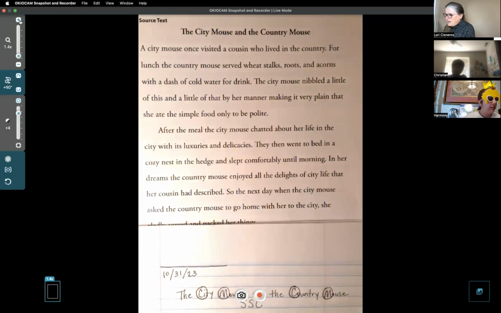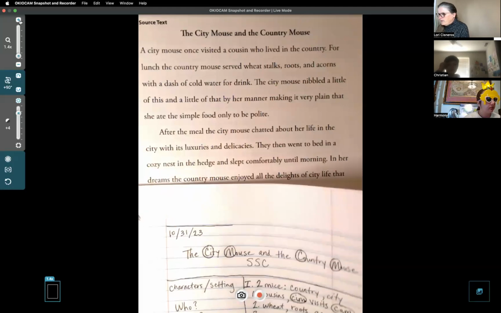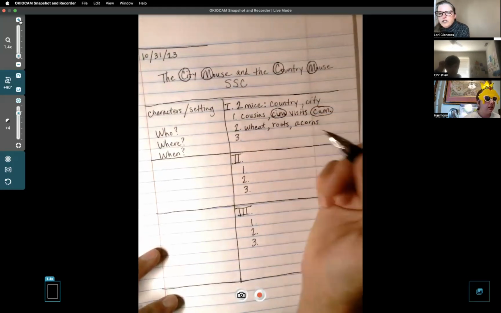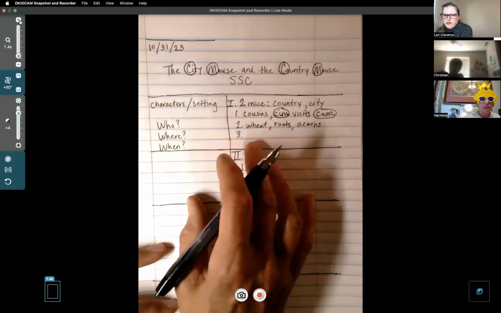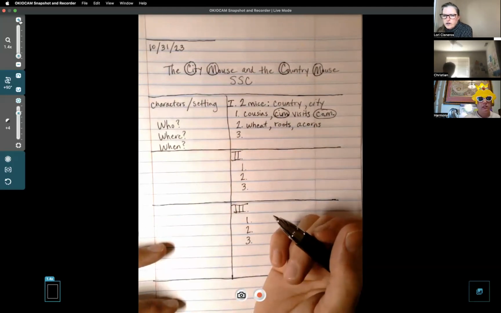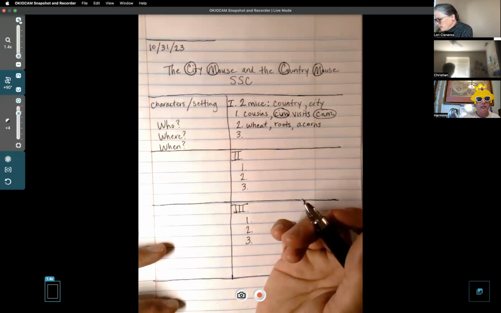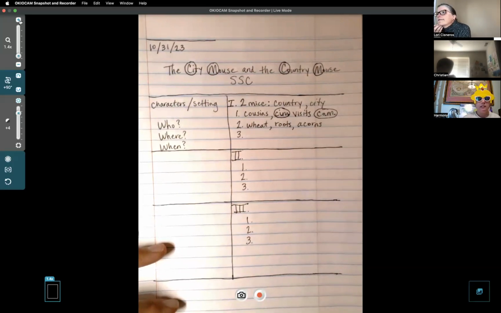Disliked it. What if we did, well, she called it simple. How could we show dislike, Christian, on our story sequence chart here? The abbreviation for city mouse, and then thought, city mouse pondered. I'm thinking of a symbol for dislike.